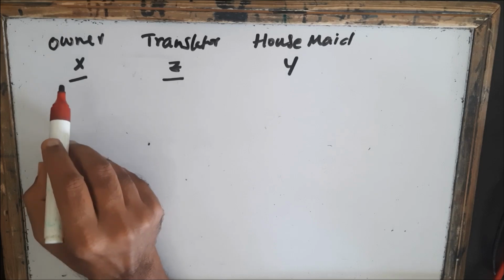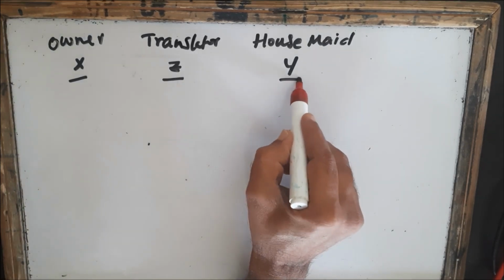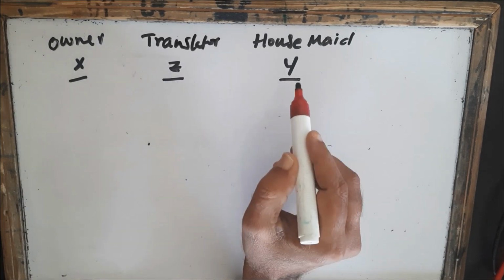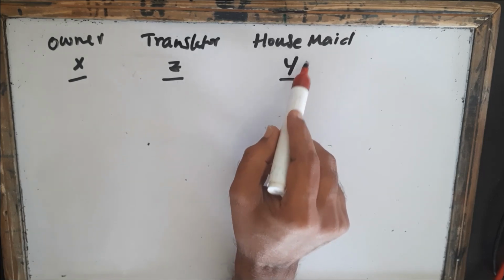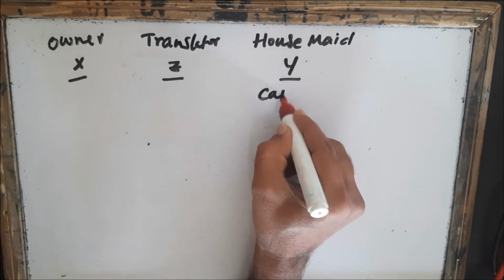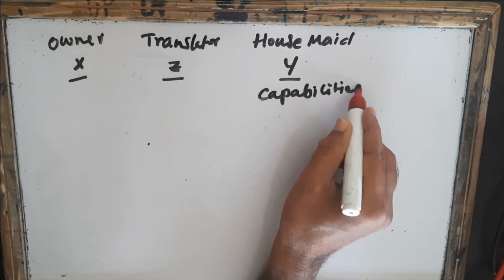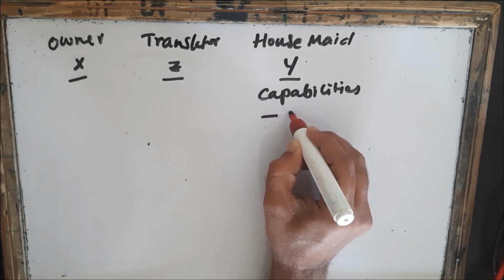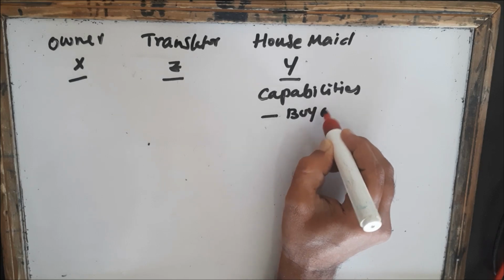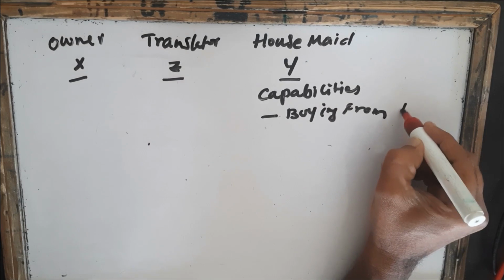So here we need to understand, before hiring Y, what work this person can do, these capabilities. For example, buying from the market.